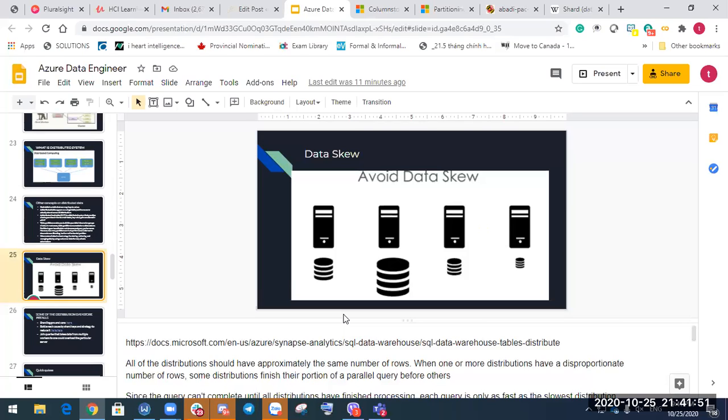The issue of data skew arises when one or more distributions have bigger or smaller numbers of rows than the rest. Then it will be a problem for queries, because some distributions will finish their portion of a query before others. So it creates a very disproportional workload, you see.